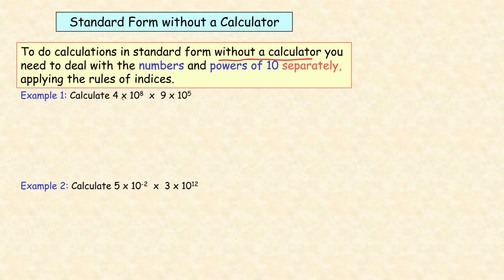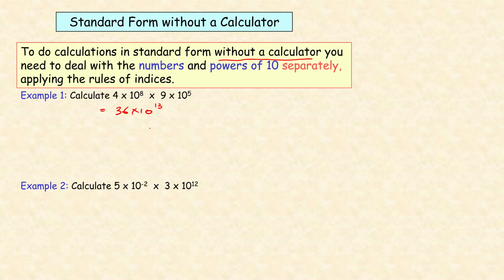Okay, so we got 4 times 10 to the power of 8 times 9 times 10 to the power of 5. Well, we do the numbers first. So we look at 4 times 9, 36, times 10 to the power of, and then we add the indices. 8 plus 5 is 13. So we've got 36 times 10 to the power of 13.